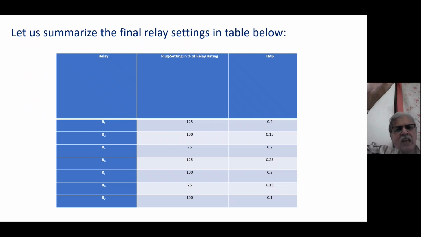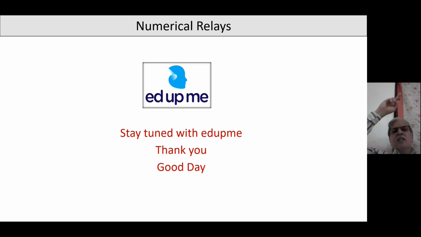You can sleep at rest. You need not worry. Now your system will be perfectly protected if you so set the relays. Nothing will be damaged. Everything will be working finely. All relays will work. If one relay does not work, some backup relay will work. Everything is taken care of if you do this, my dear friends.